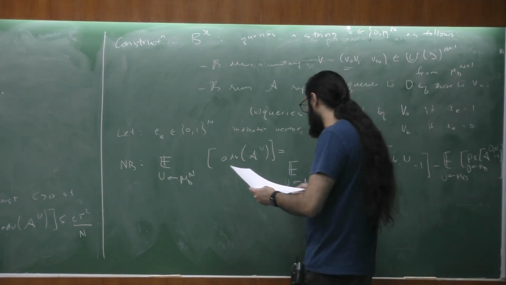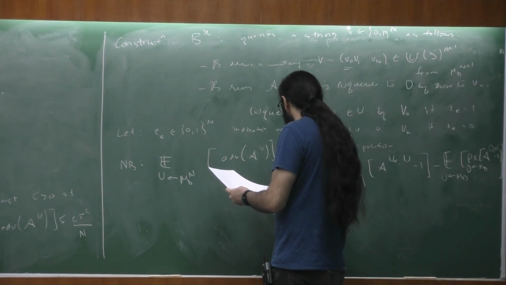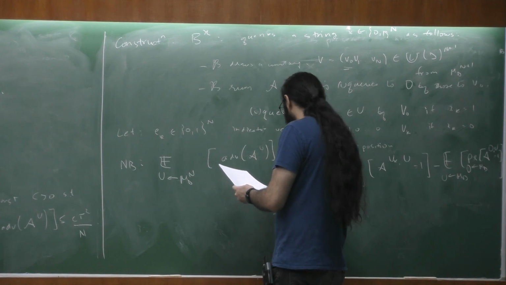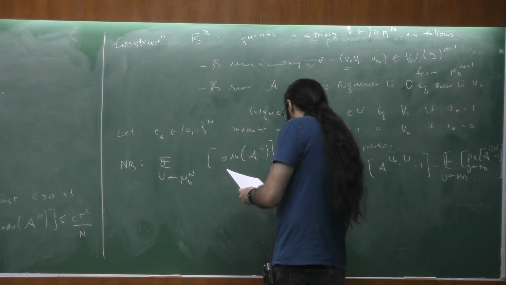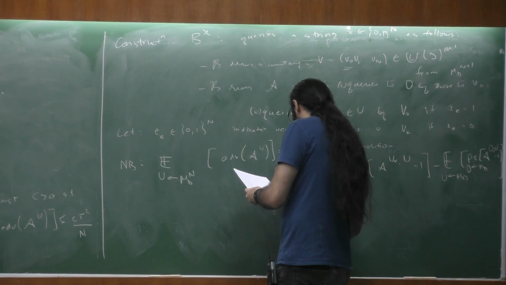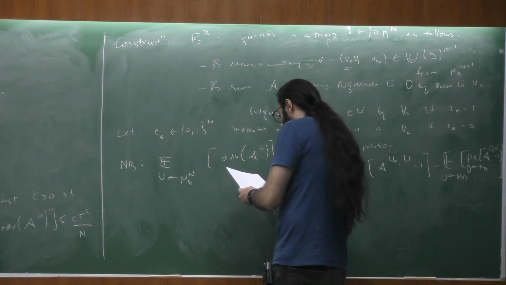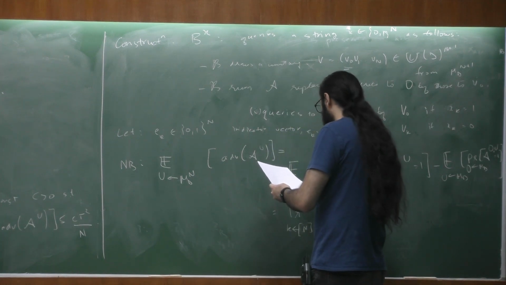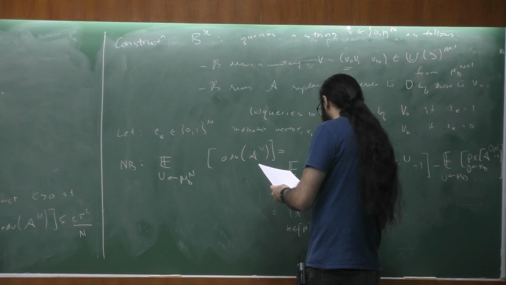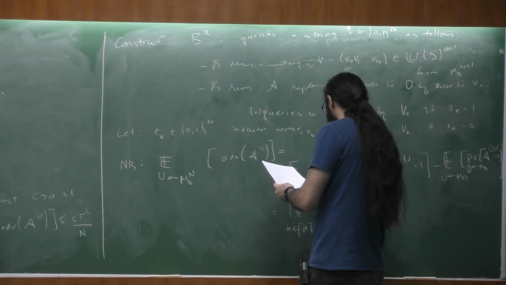And now comes the interesting observation, because apparently you can write this as the probability that you sample k, E sub k is 1, minus the probability you're given 0. This is the step that will take a few seconds to convince yourself is correct.